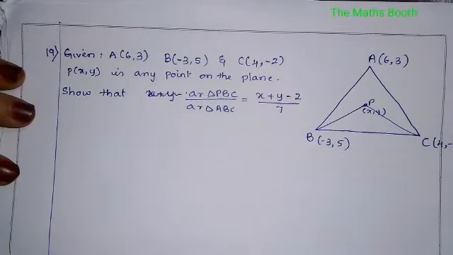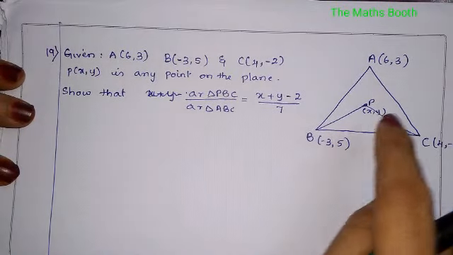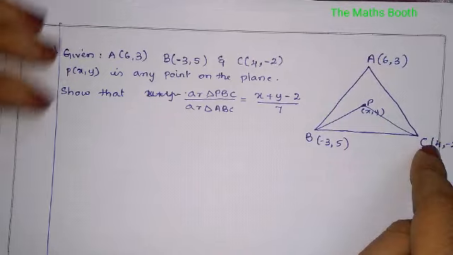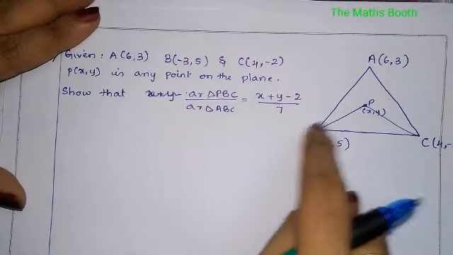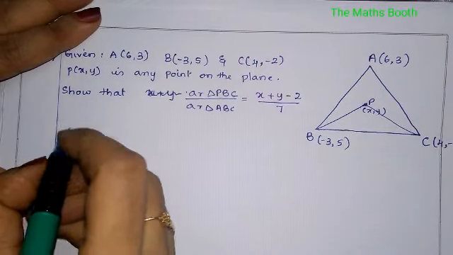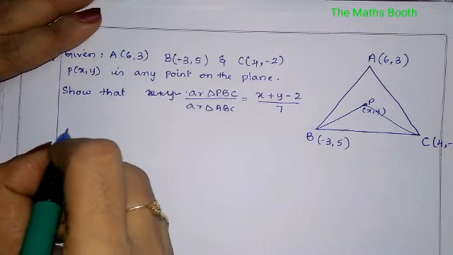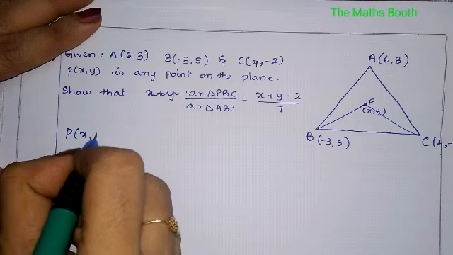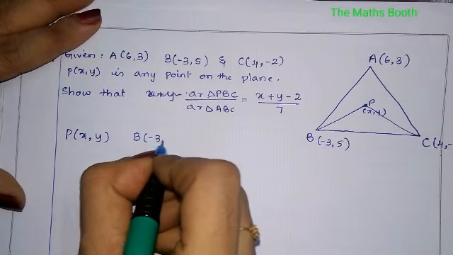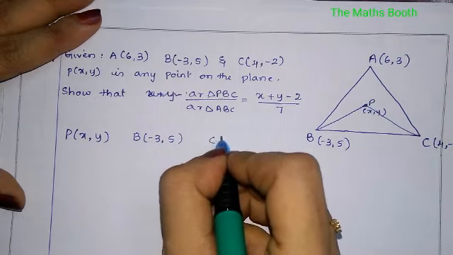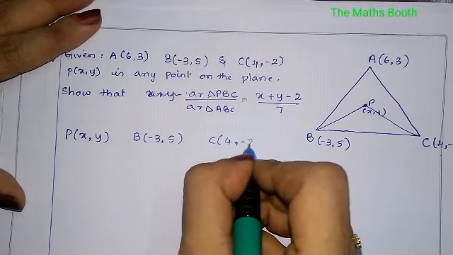Okay, let us start proving. First let us take triangle PBC. To find the area of triangle PBC, first what we have to do is, we'll write P point (x, y), B point (-3, 5) and C point (4, -2).